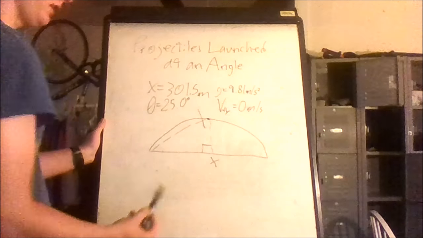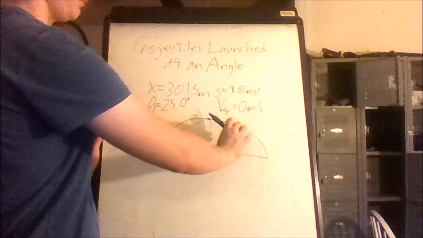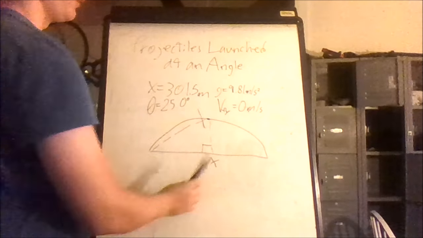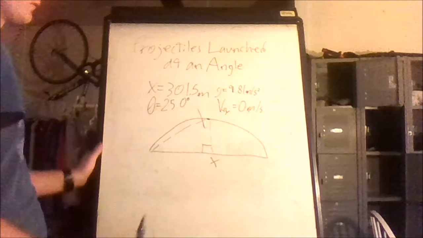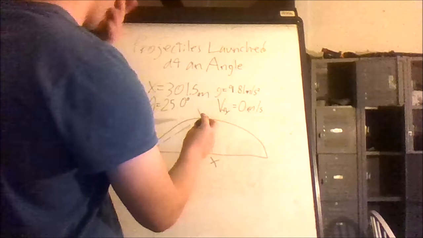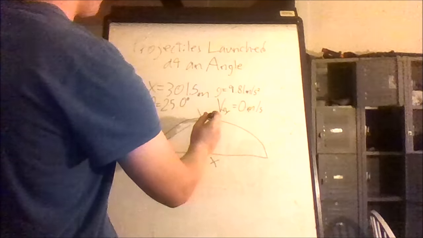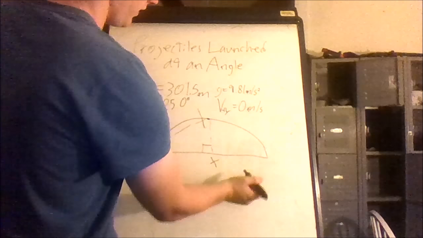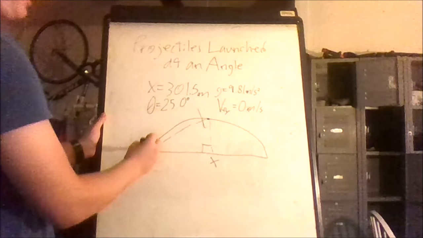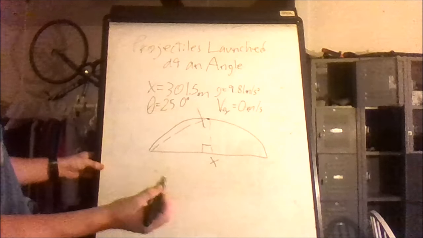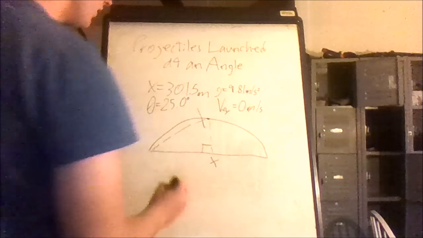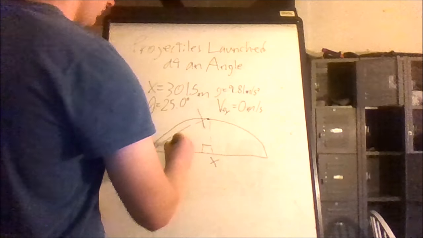We know that at this point, before it turns back down to the earth, it's going to have a velocity of 0. And this is halfway between this and this. So that's that. We talked about it being a parabolic trajectory before. We talked about projectiles launched. What difference is an angle? So your angle goes here.